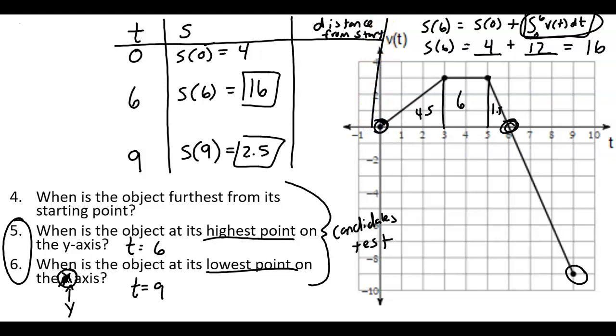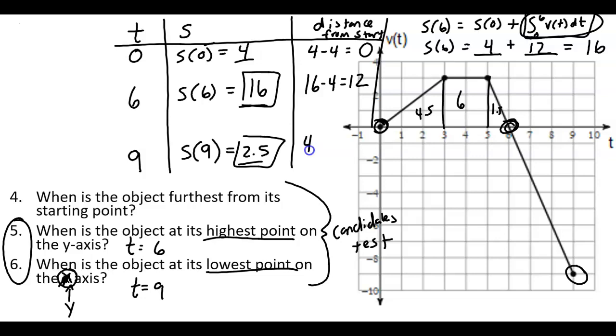My starting point was 4. So all we have to do is find how far each of these points is away from the original point, and we're good. So how far is 4 away from 4? Well, there's no space between them at all. There's 0. How far is 16 away from 4? 12. So it seems like at s equals 6, the object is now 12 spaces away from its starting point.